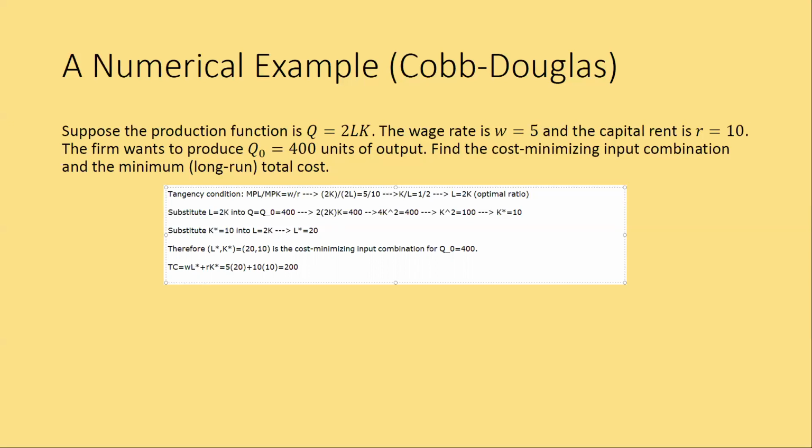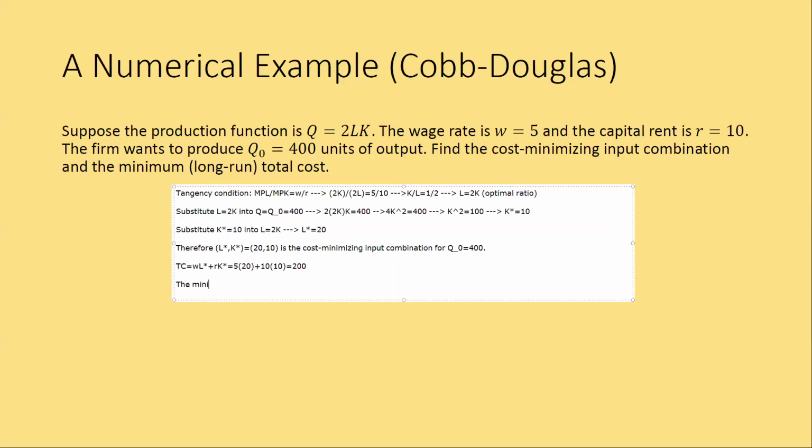So the minimum amount of cost the firm must incur to produce 400 units of output is $200. And let me draw all of those on the graph.